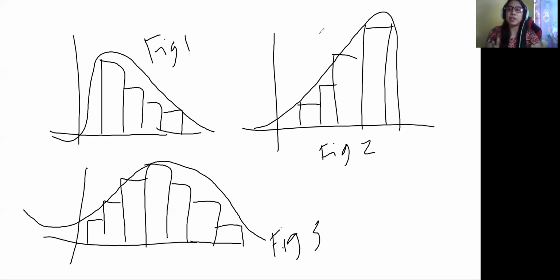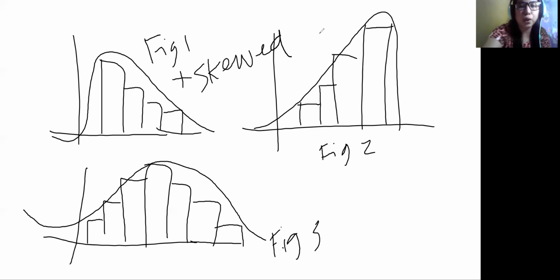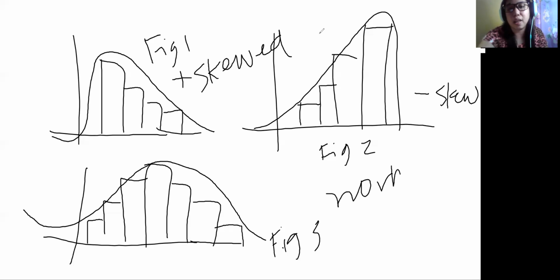Okay, so for figure 1, obviously it does not look like a normal curve simply because this is positively skewed. And then our next figure is negatively skewed. And our third figure is a normal curve.